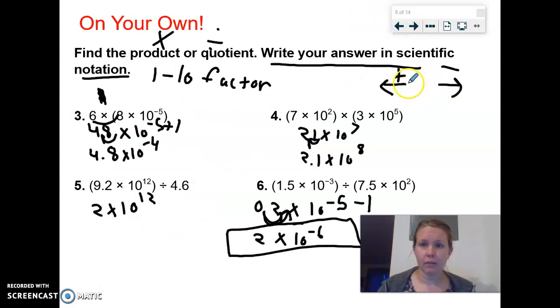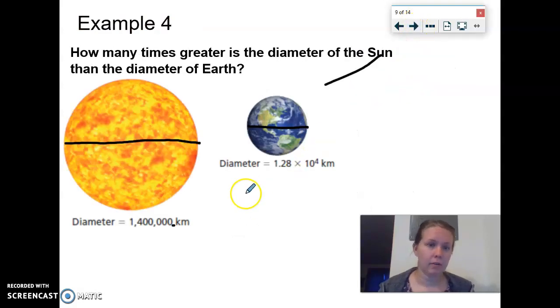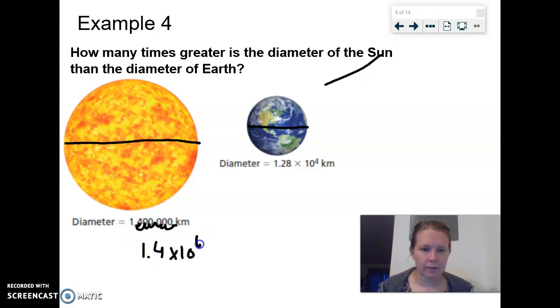You would think, okay, Miss Wink, you said we are moving this way, so it's going to be positive. That makes sense. We move it this way, and that tells me how many times positive I'm going to need. So 1, 2, 3, 4, 5, 6. I want it to stay right in there. So it's going to be 1.4 times 10 to the 6th.